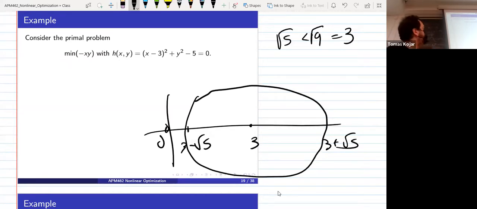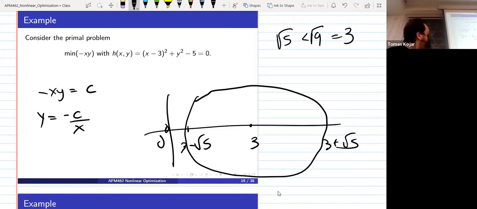And the minus xy, can I eyeball it? Minus xy equal to c. So that means y is equal to minus c over x. If it's not 0, what is that? These 2 lines, right?